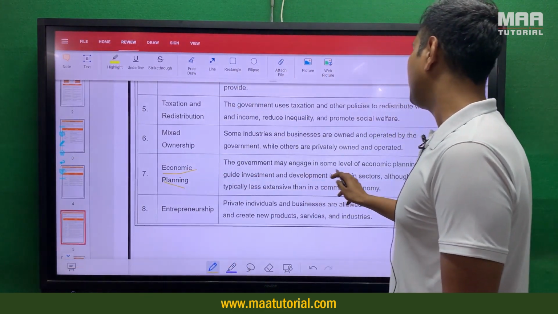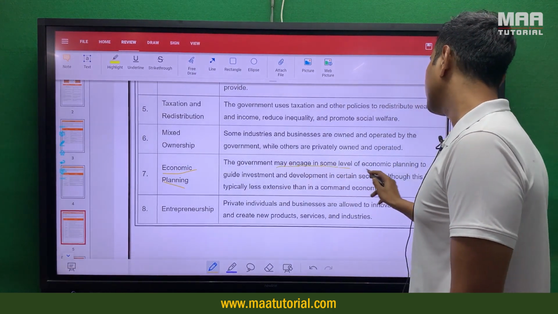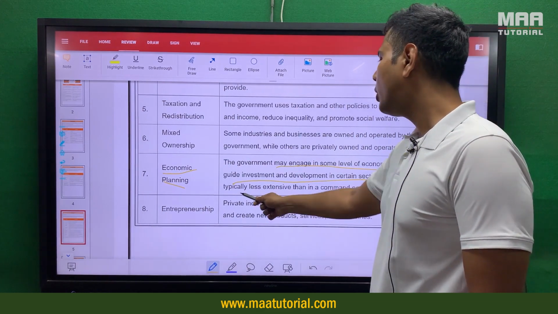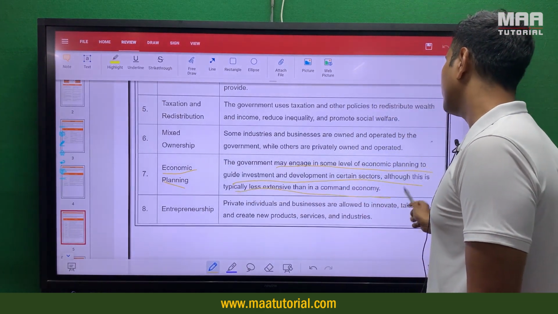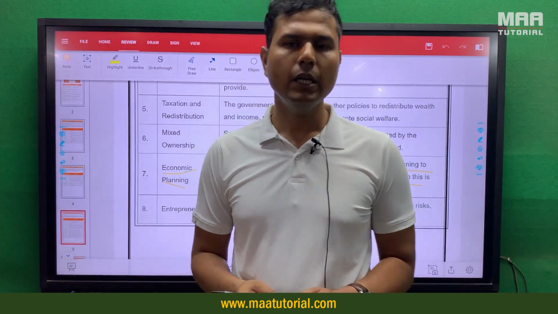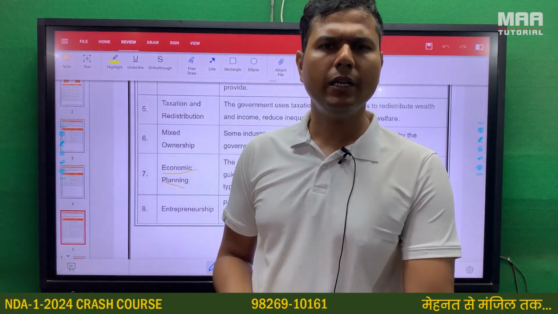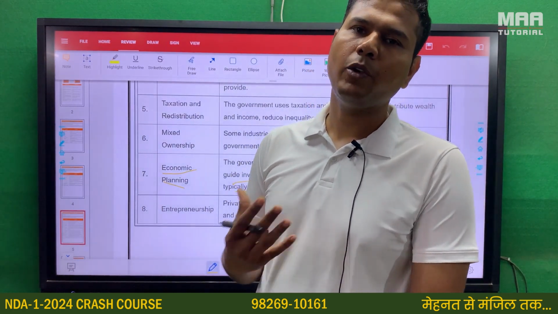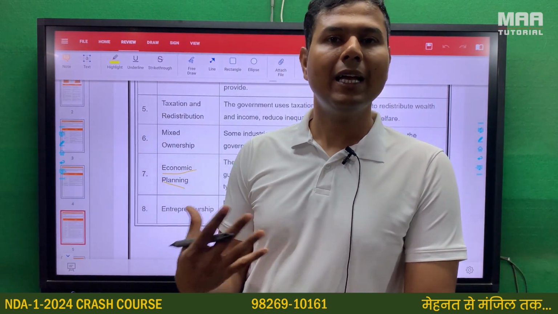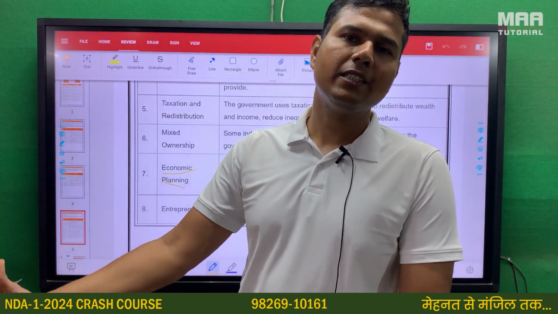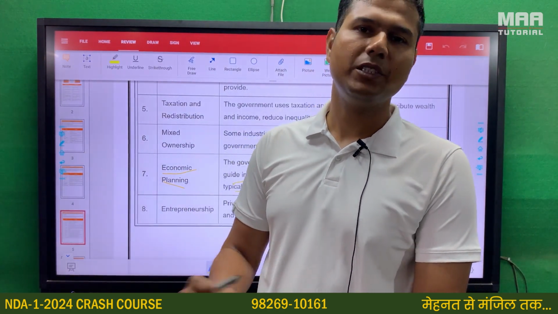The government may engage in some level of economic planning, guide investment and development in certain sectors, although typically less extensive than in a command economy. See, does the government of India indulge in planning? Yes, it does. We have Niti Aayog, right? Niti Aayog makes policies, and those policies act as guiding principles for states and other administrative machinery.